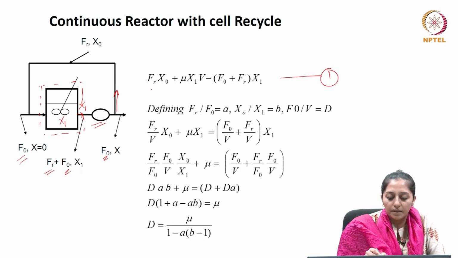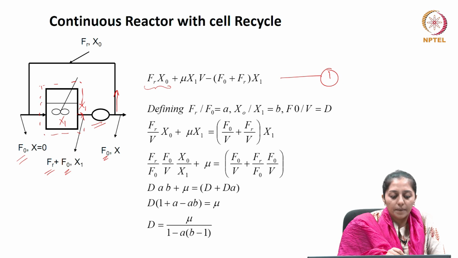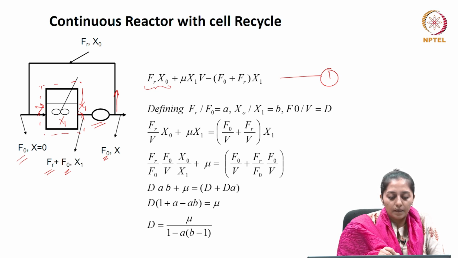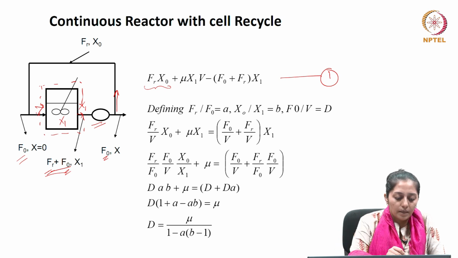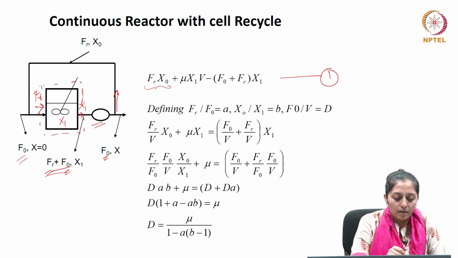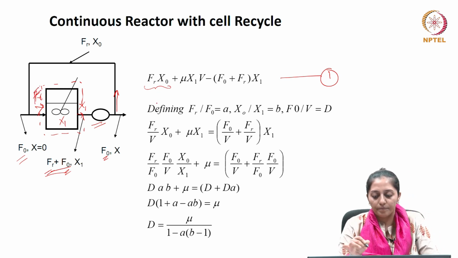Let us understand this. The first term is the rate at which the biomass is coming inside the reactor. Now, because it is a steady state CSTR and a chemostat, the flow rates have to be the same. So, here let us assume inside is Fr plus F0.